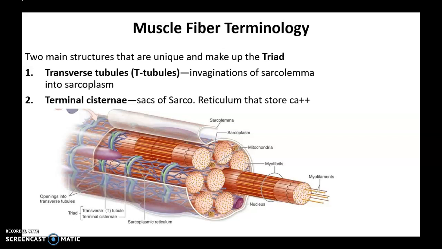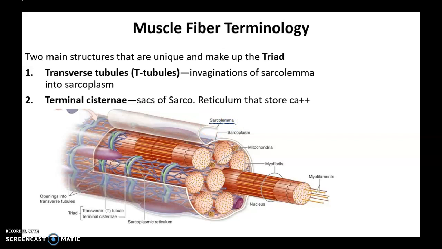What is that? So right here in the picture, we do see a muscle fiber and the sarcolemma is open. Do you see that? The sarcolemma is cut and open.